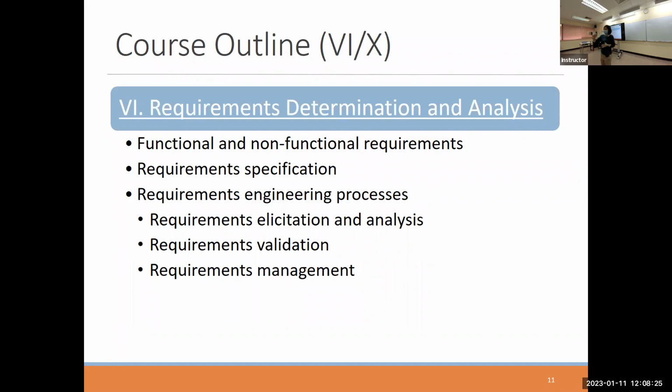We are not doing things by verbal communication only, but we need to properly model everything in terms of proper diagrams. Okay, so we will learn, of course, even in terms of requirement analysis.